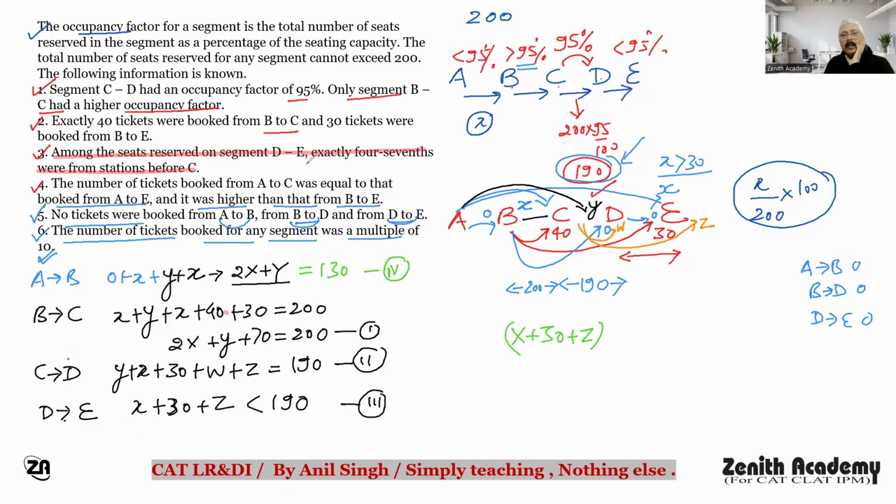Among the seat reserved on segment D, exactly 4/7 were from stations before C. तो इसकी जो 4/7 है, 4/7 is equal to सीट बुक्ड बिफोर सी. तो बिफोर सी स्टेशन कितनी बुक हुई थी, यहां पर ये एक्स पहले बुक हो चुकी थी और ये 30 भी स्टेशन बी से बुक हुई थी यानी बिफोर स्टेशन सी बुक हुई. इसका मतलब एक्स प्लस 30 इज इक्वल टू 4/7 ऑफ एक्स प्लस 30 प्लस जेड.